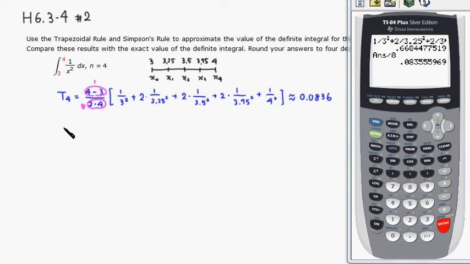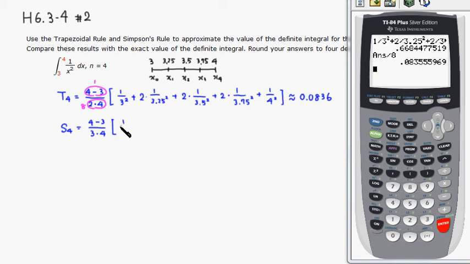So let's do S4. Simpson's rule is pretty much the same way, except the denominator is not 2 times n, it's 3 times n, so 3 times 4. Then remember the coefficients are going to be 1, 4, 2, 4, and the last one is 1.